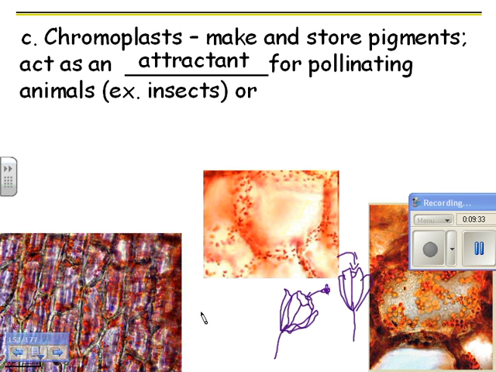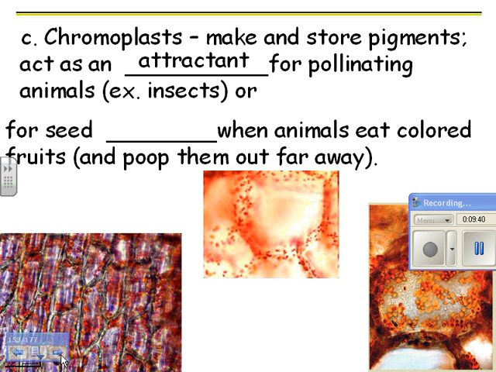Another thing that happens is the other colorful thing about plants can be berries or fruits, other kinds of fruits. So these chromoplasts are necessary for seed dispersal. And so when animals eat colored fruits and then poop them far away, so for example, here's an apple and it's pretty, and an animal thinks it's delicious and eats it up. And the animal's not picky like us.